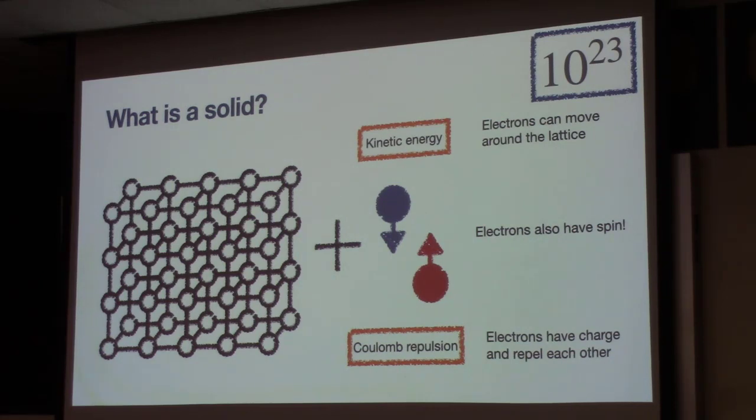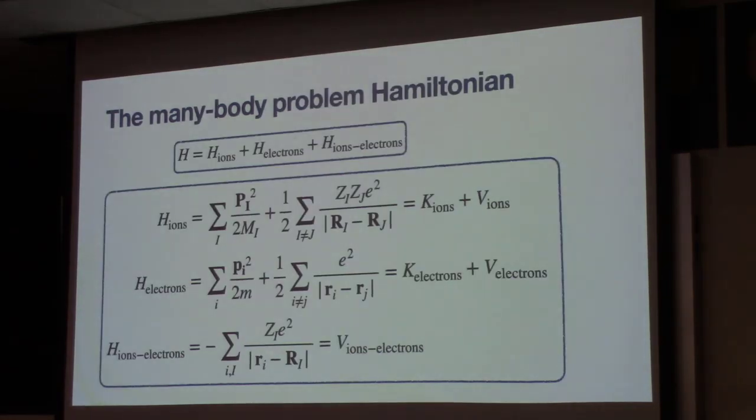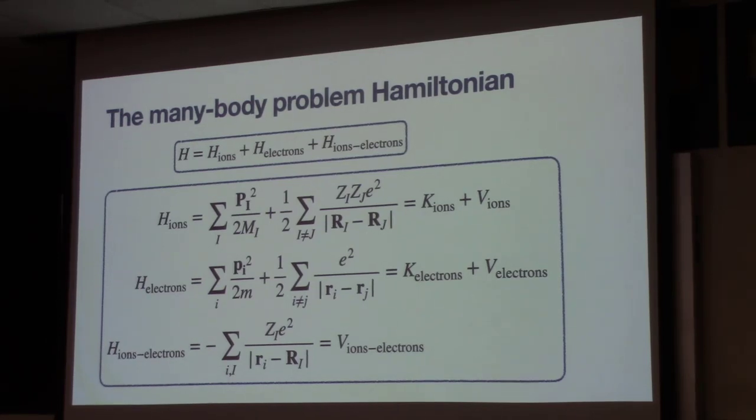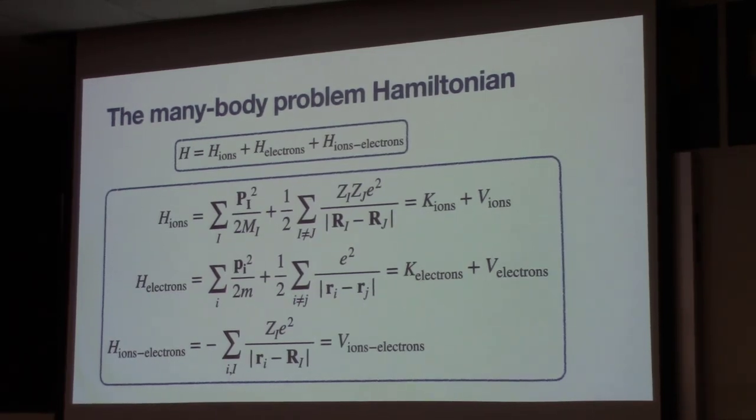So how can we understand the solid? Well, we can write down the Hamiltonian, and what we have here are all the terms that, in principle, if we could solve this problem, we could say what's going on with our solid. However, since we have 10 to the 23, this is pretty much impossible to do.